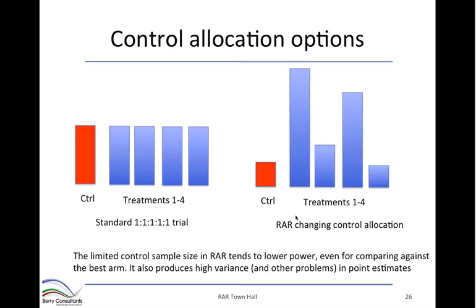You can think of a standard trial, again on the left, we've got a control and 4 active arms. In a lot of the literature, and there's a recent paper out that talks about the multiple arm setting, in that example, they potentially lower the allocation to control. So you can end up in a situation on the right where the better arms are getting more subjects and the control arm is getting less.